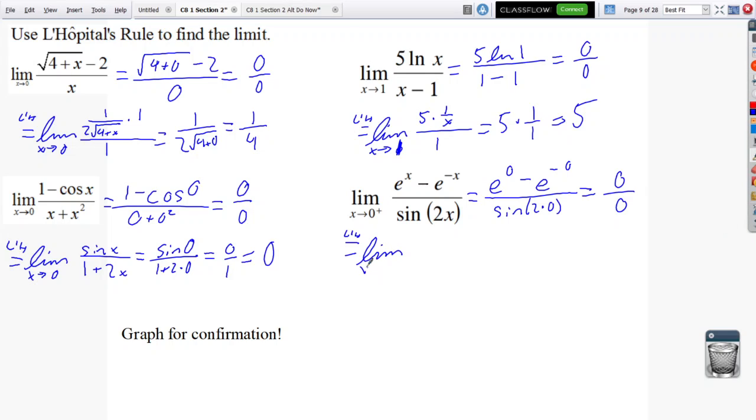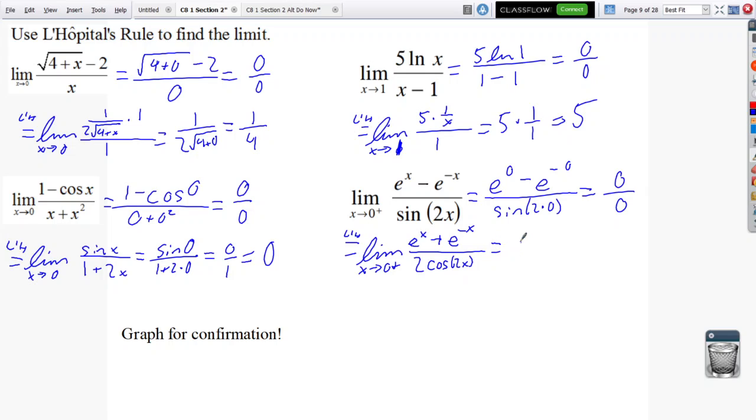We keep the approach value, limit as x approaches 0 from the right, of the derivative of e to the x, which is e to the x, minus the derivative of e to the negative x, which is e to the negative x times negative 1, over the derivative of sine, which is cosine, times the derivative of the inner function to have our chain there.